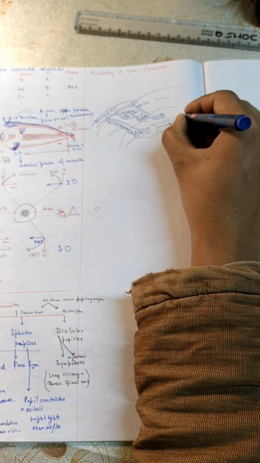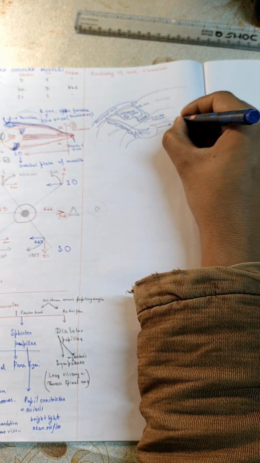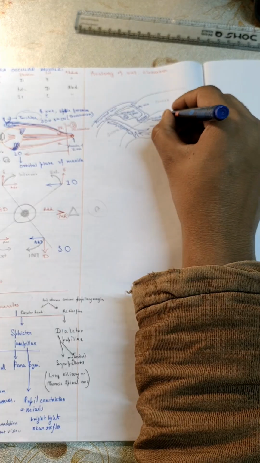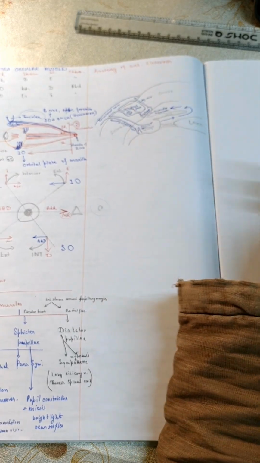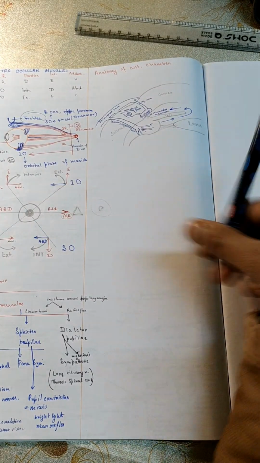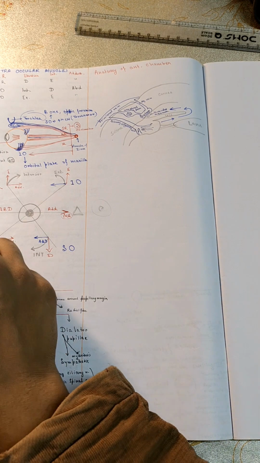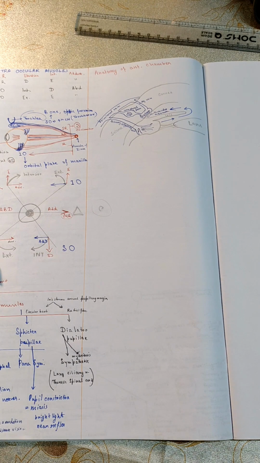It's coming like this, rotating around the iris and going to trabecular meshwork. This is the circulation. Let's talk about the entire thing about aqueous humor.